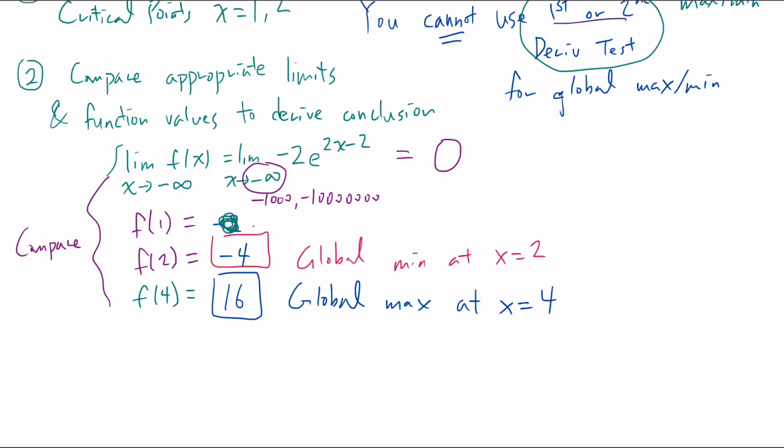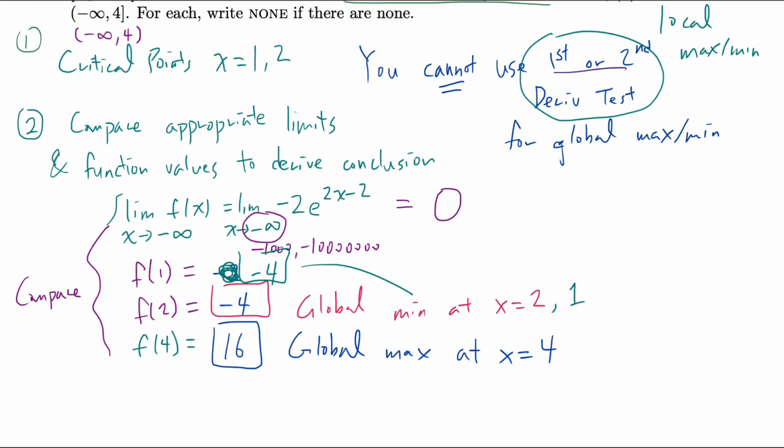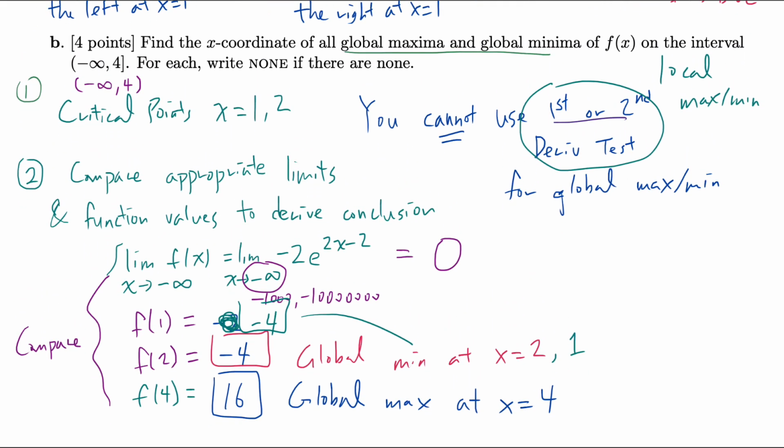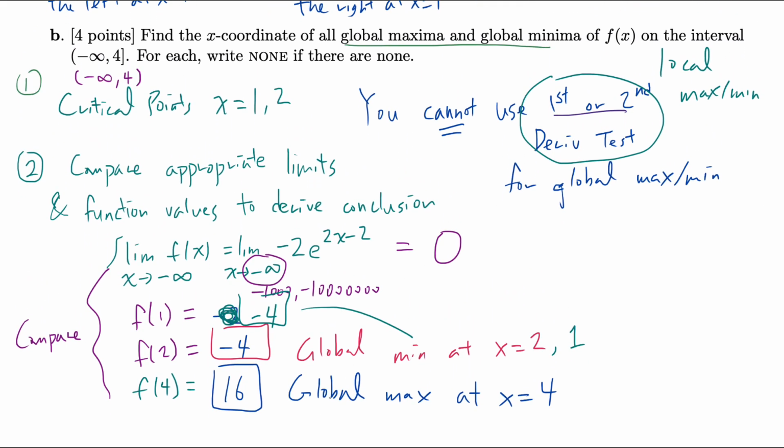So if this also happened to be negative 4, then you say the global minimum is happening at x equals 2 and also at x equals 1. So that's another possibility. Anyway, I think we covered most of the cases, if not all. So the conclusion here is that you have a global maximum at x equals 4, and let me erase this, global minimum at x equals 2.